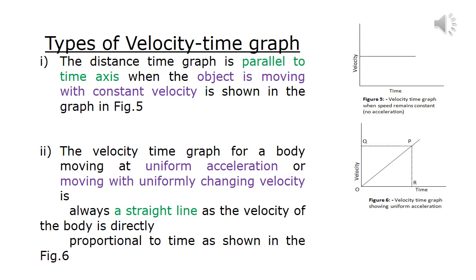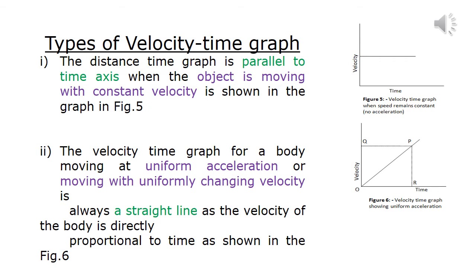The second type of graph we have is showing uniform acceleration, where the moving object is changing its velocity at a uniform rate. It is also a kind of straight line, but in this case it is not parallel to the time axis, rather it is passing through the origin.